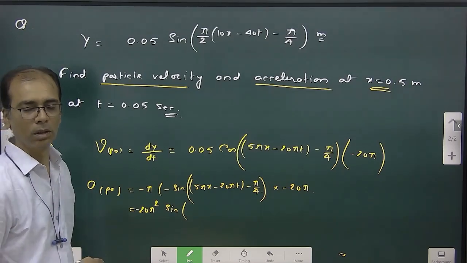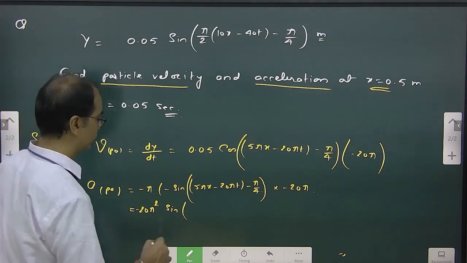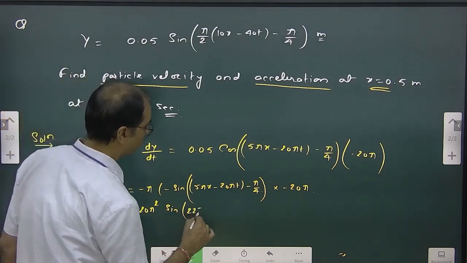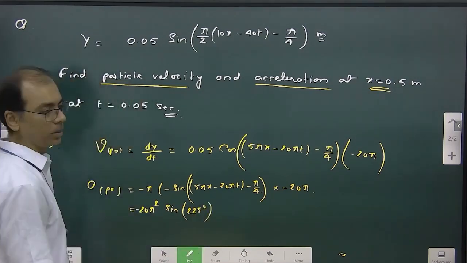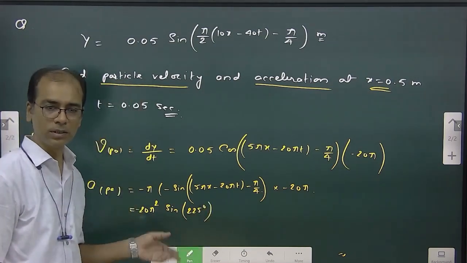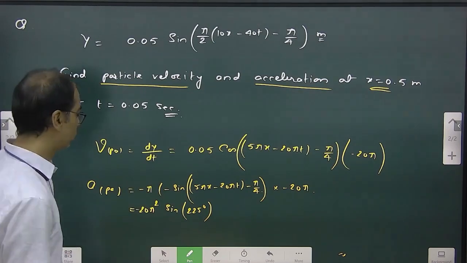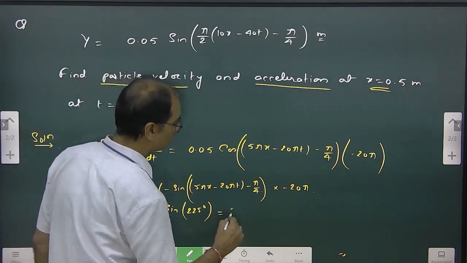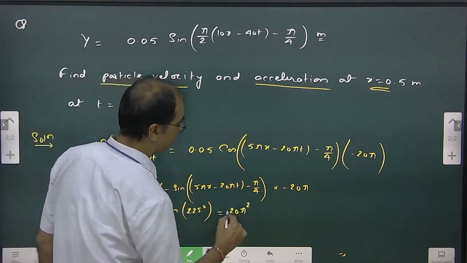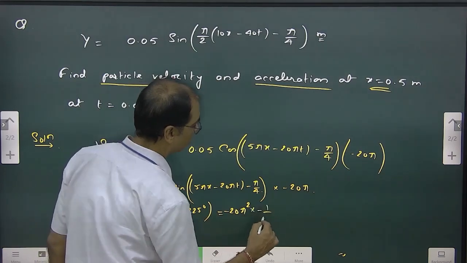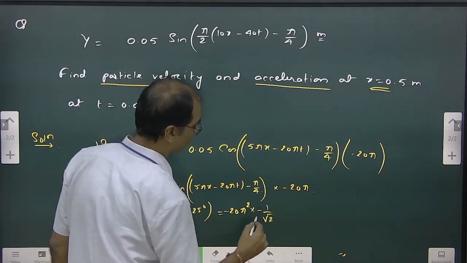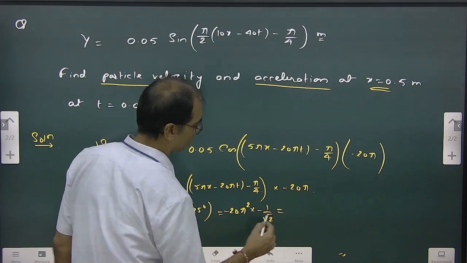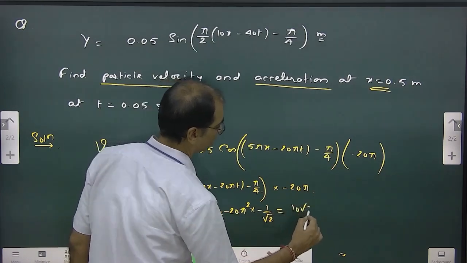No, 225. 225 degrees means again third quadrant, again sign is negative. So minus 1 by root 2. So 20 pi square minus into minus 1 by root 2. So what we are getting? This minus minus gone. This we can write 10 root 2 pi square.